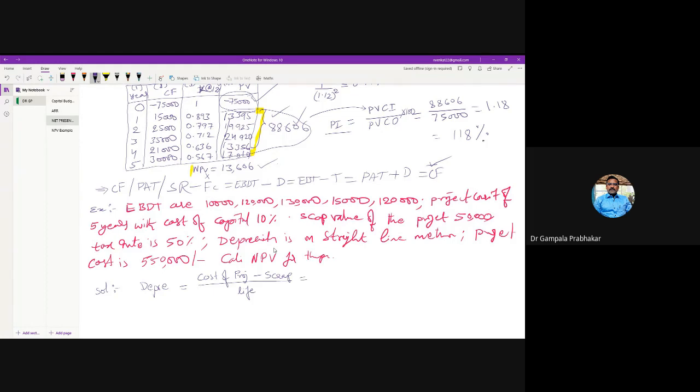So here our project cost is 5,50,000 minus the scrap value of 50,000, by 5.